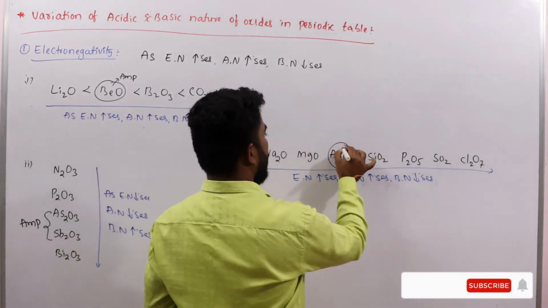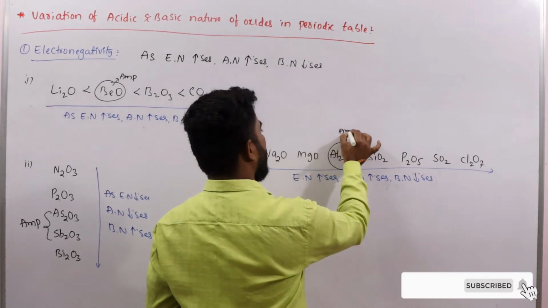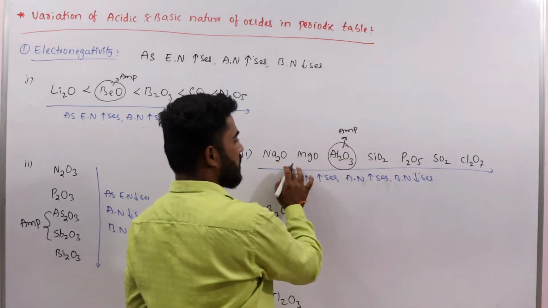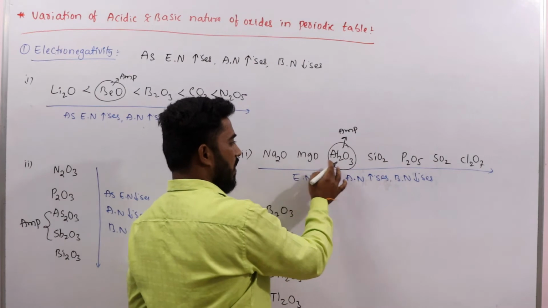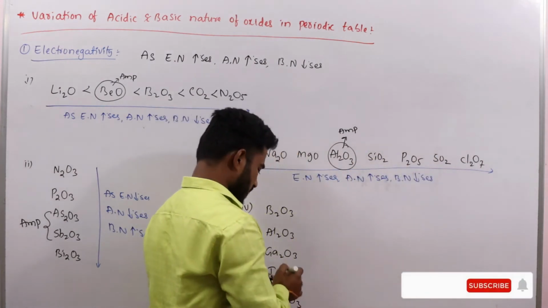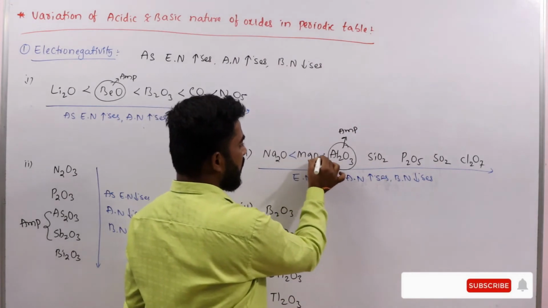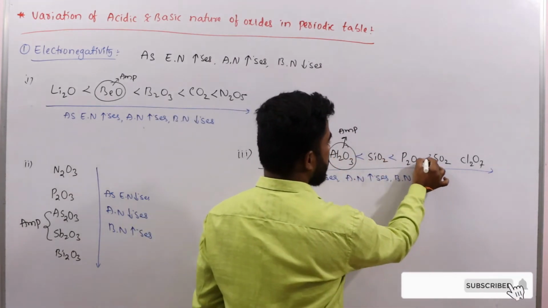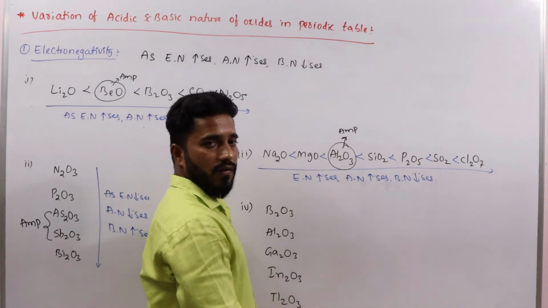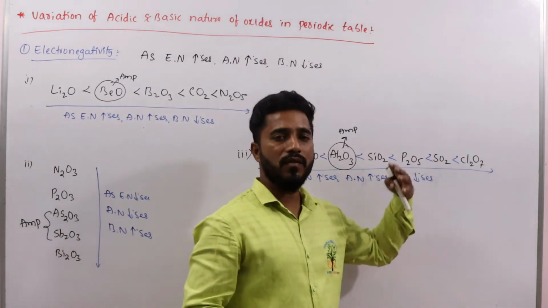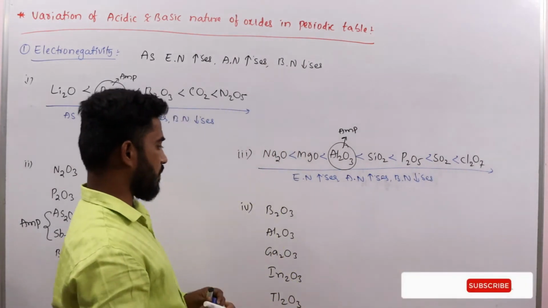Aluminium oxide is an amphoteric oxide, these two are basic oxides, and the remaining are all acidic oxides. From here to here acidic nature increases, and Cl2O7 has the most acidic nature.